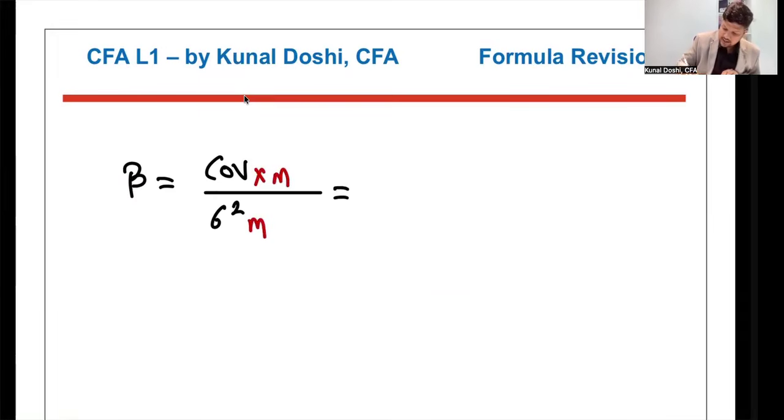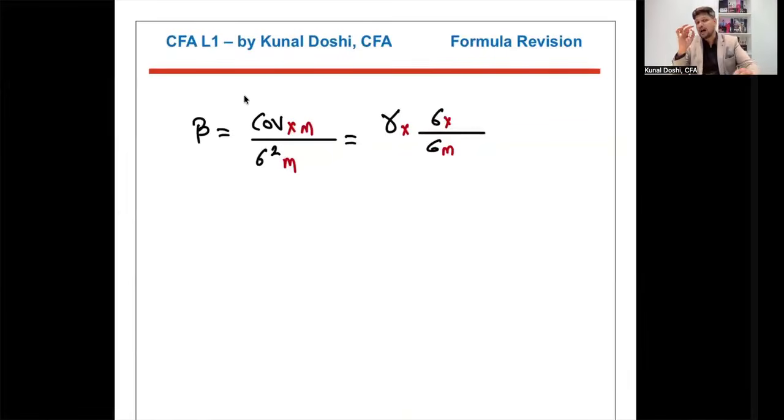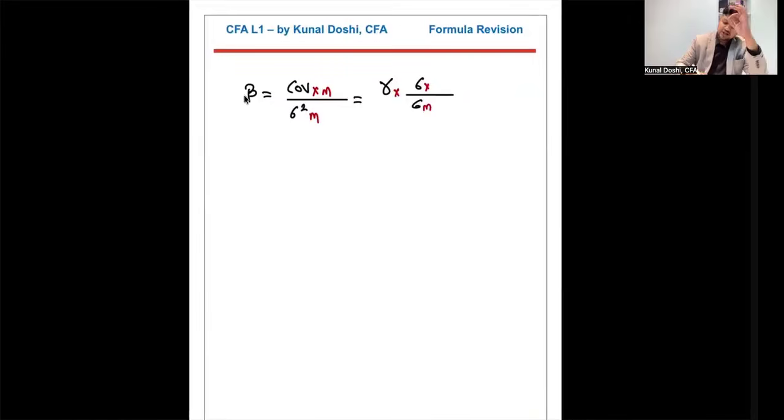If we use correlation instead, it is correlation of stock and market times the standard deviation of the stock over the standard deviation of the market. It's the same formula. Don't be worried, it's just that instead of covariance, I replace that with correlation. Is this clear? Everyone in the class, check and confirm.